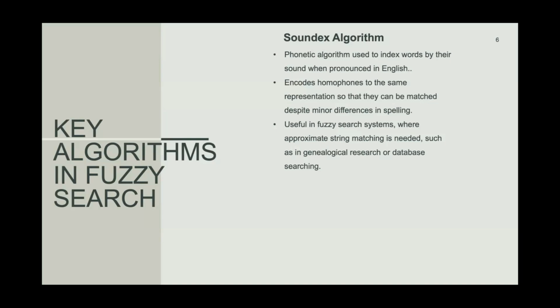It basically converts a word into a code of a single letter followed by 3 numerical digits. And this matching capability makes it very useful for genealogical research, database searches, and data cleaning tasks, where names have been misspelled or spelled differently over time. So this is where Soundex is very, very useful.